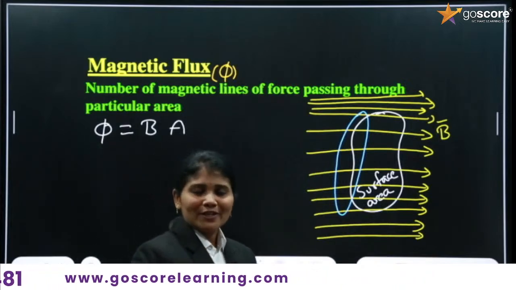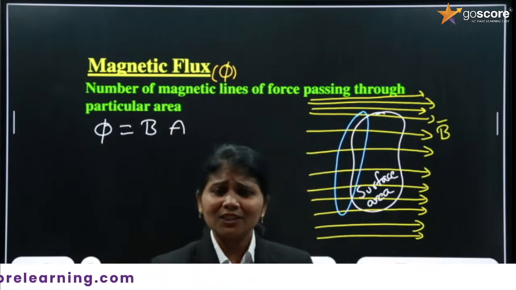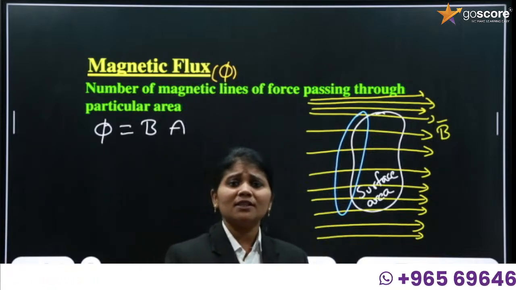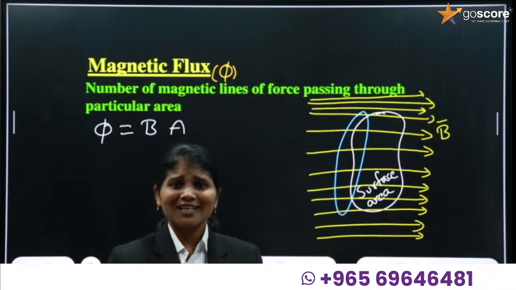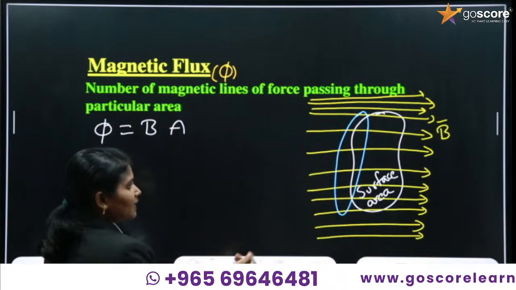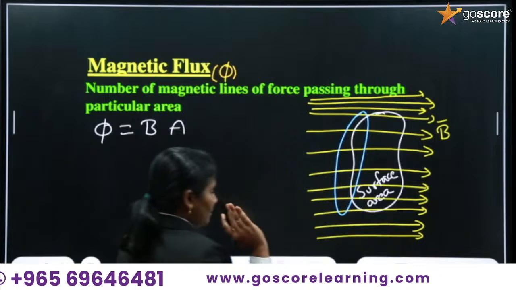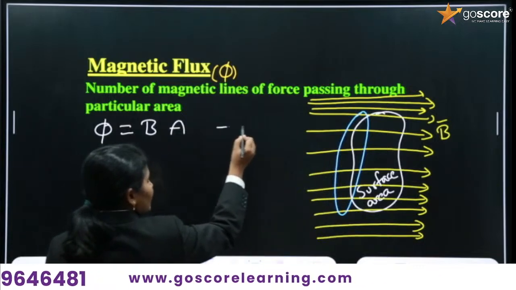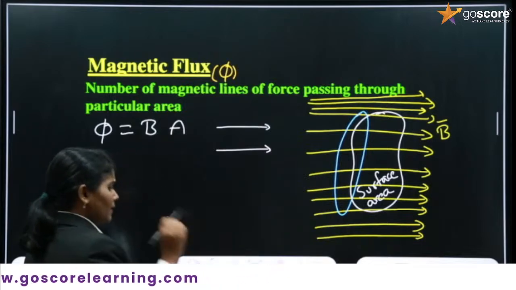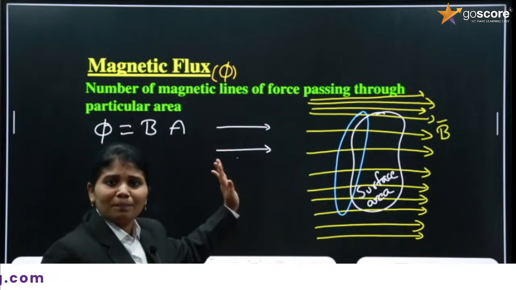Then there is one question: which type of product are we using here, vector product or dot product? How will we find that out? Simple, guys. I am taking the surface area in this direction and the magnetic field also in this direction. Both are parallel.